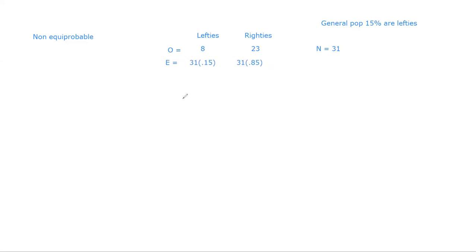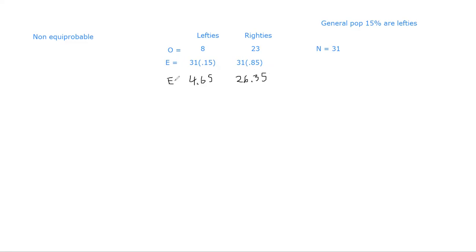Working out the math, this is about 4.65 as the expected value for my lefties, and that means that 26.35 are going to be my expected values for my righties.